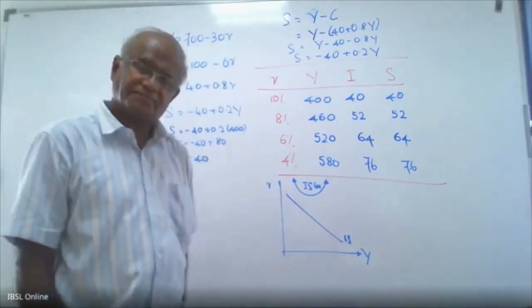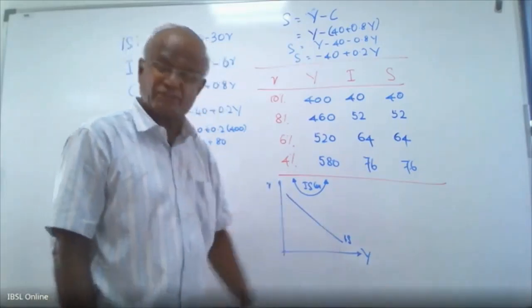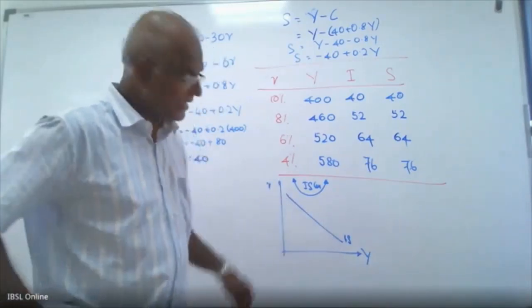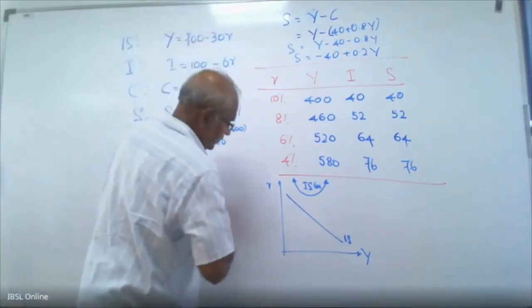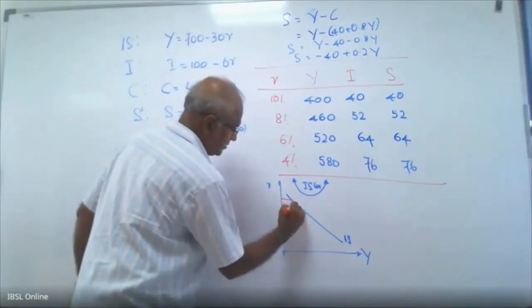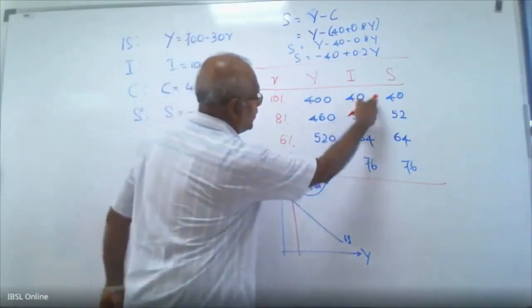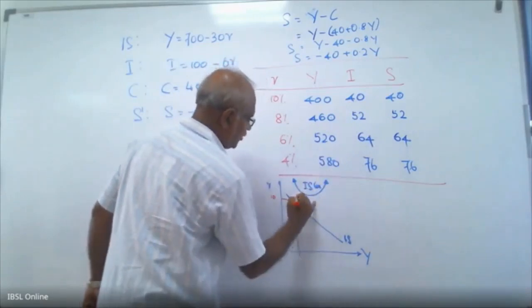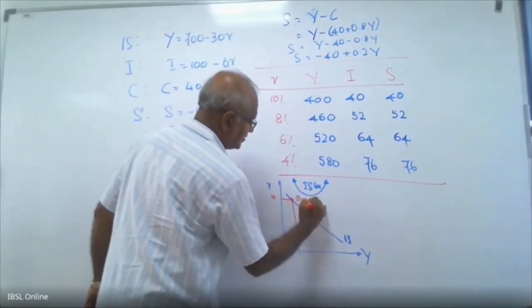Negative relation, IS curve. Now along this IS curve, what will happen to investment and savings? At every point, interest rate 10%, income 400, investment 40, savings 40.